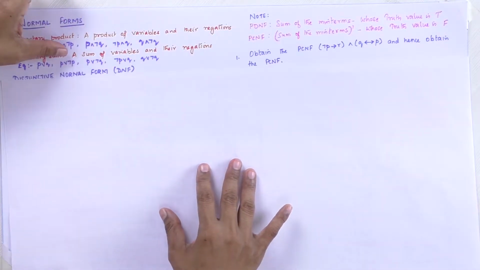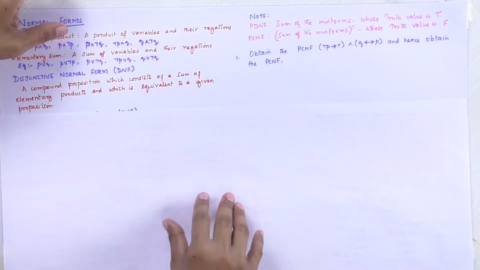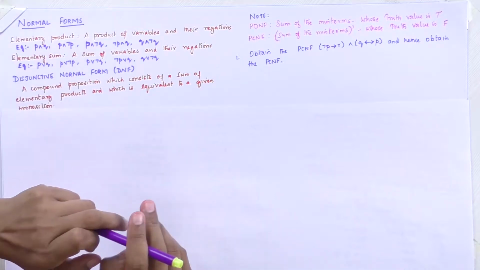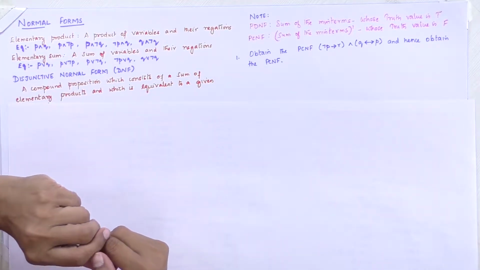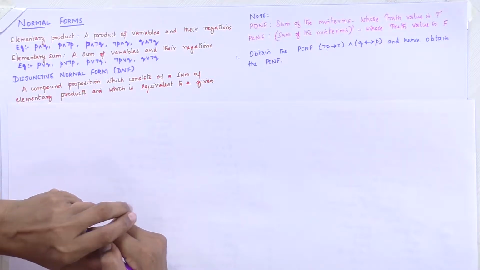Even before going into PCNF and PDNF, we must be familiar with the term called disjunctive normal form. In short, we write it as DNF. How will we define disjunctive normal form, or DNF?